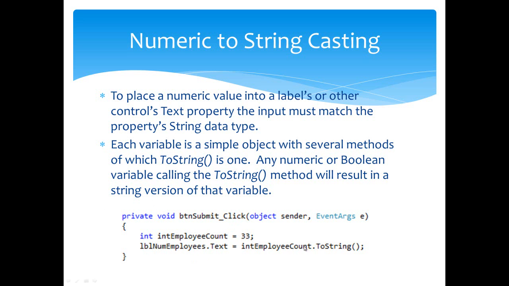If I try to simply move it, and let's say I didn't have this period toString at the end, it's going to give me an error telling me you cannot move an integer into a string property. So what I have to do is make sure the right side of the equal sign matches the left side of the equal sign before I move it across, and all I have to do is use a toString method. So int employee count dot toString will convert this number into a string before it moves it to the left.